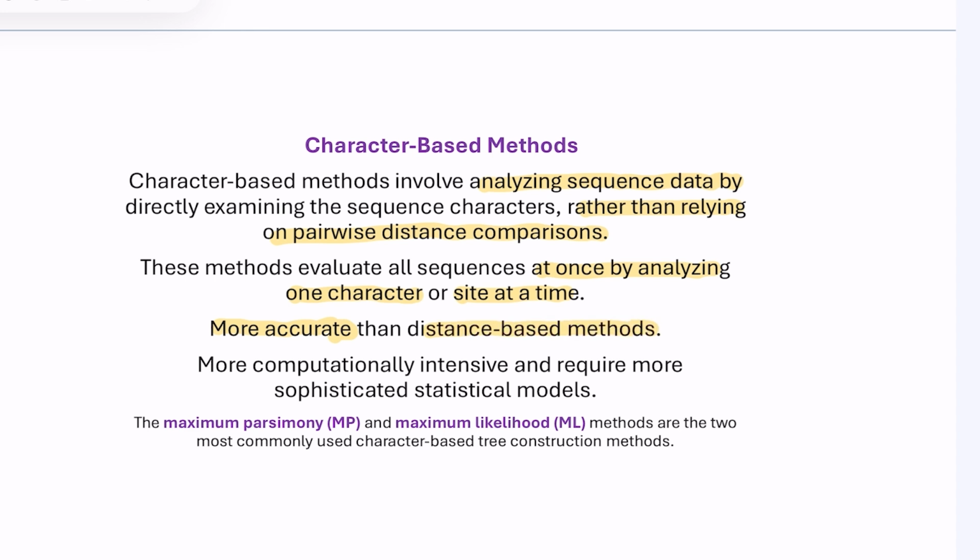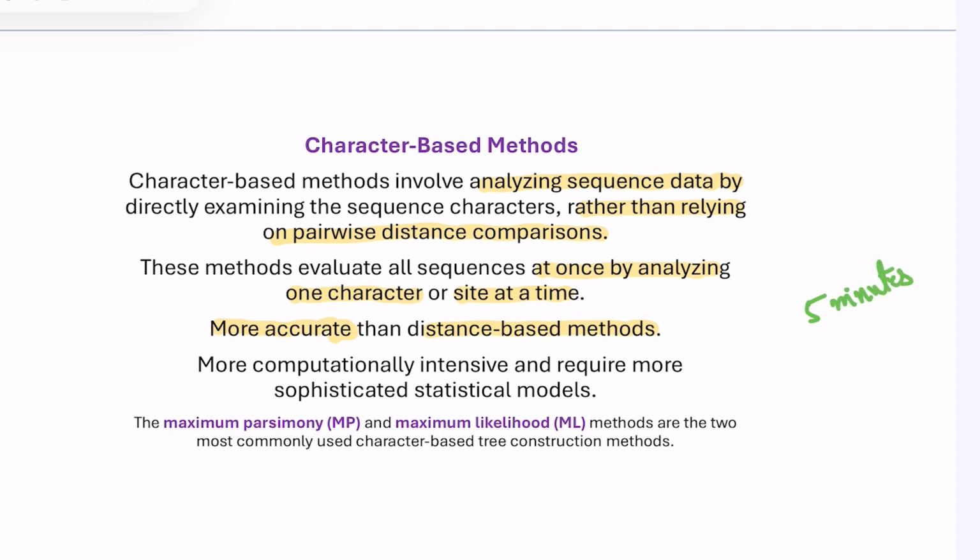But one problem here: for example, if we want to do the neighbor joining method, a distance based method, the phylogenetic tree may be constructed in 5 minutes.